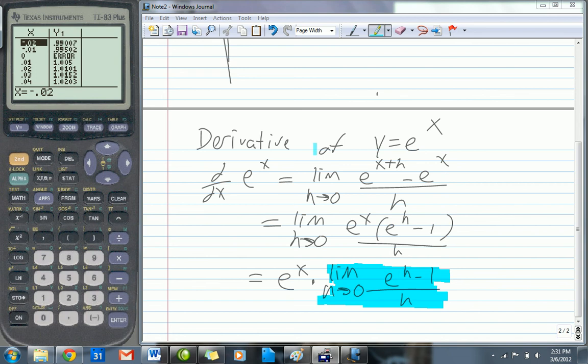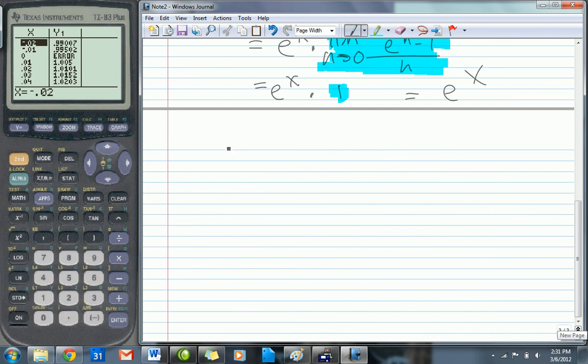So that limit is just 1, therefore resulting in e to the x. It's its own derivative, pretty cool. The derivative with respect to x of e to the x is e to the x. Aside from the trivial function y equals 0, I'm not sure of any other function that is its own derivative, although I'm sure there might be some.